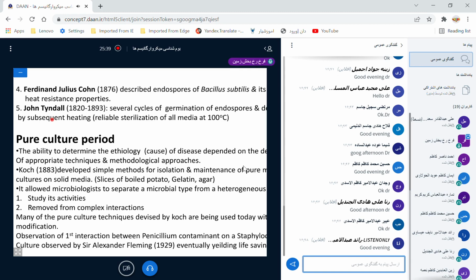So Pasteur and the other scientists couldn't kill spores by boiling because spores are heat resistant. So John Tyndall used another method and called it Tyndallization.